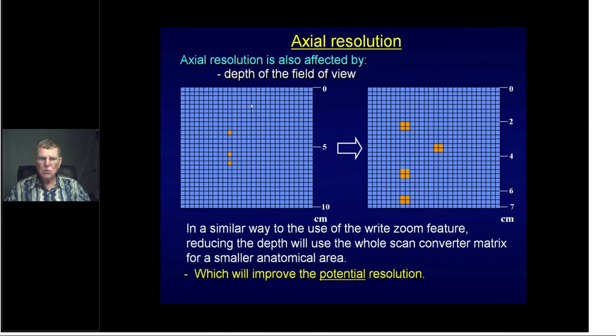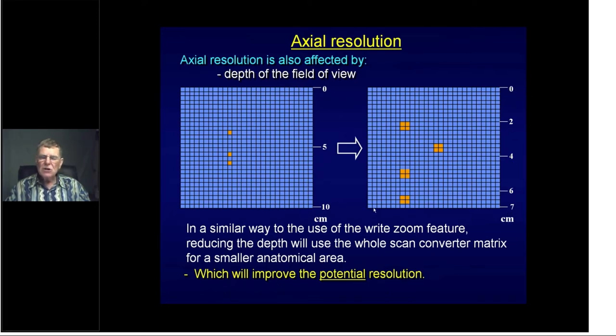Okay, so that's good. The same thing will occur if you reduce your depth of field of view to the minimum necessary. Now, you should be doing that for a variety of other reasons, but here we've got 10 centimeters on the left, certain amount of anatomy in each pixel. We've reduced it to 7 centimeters.